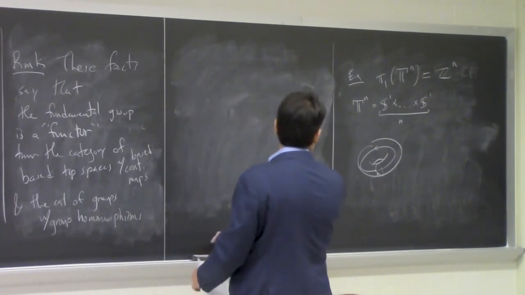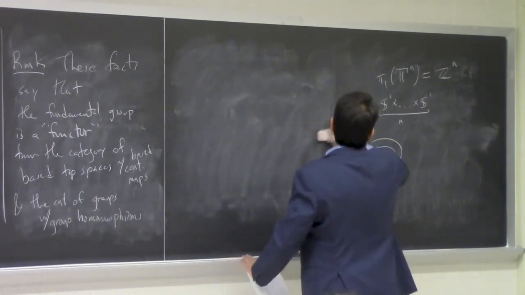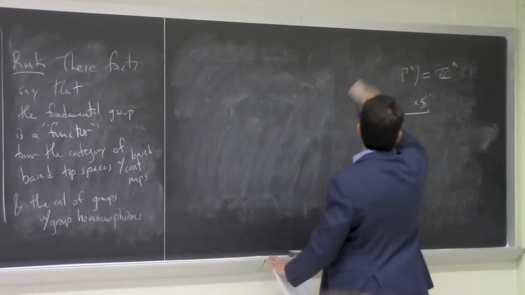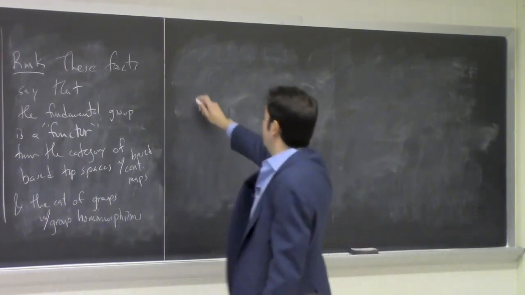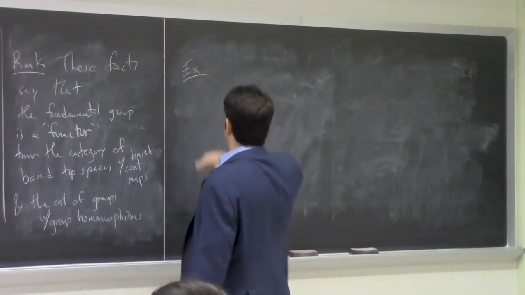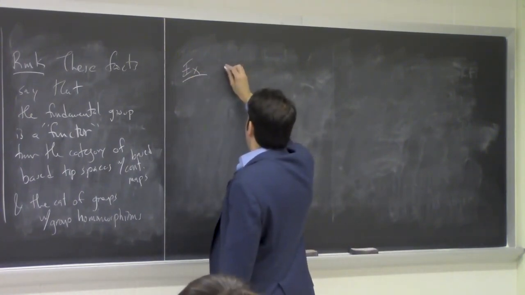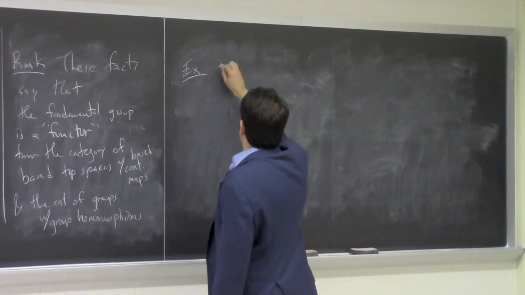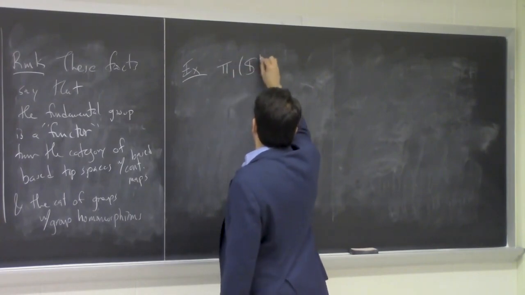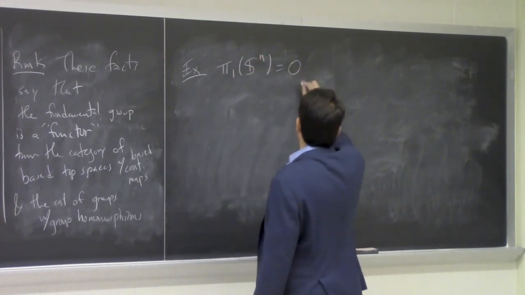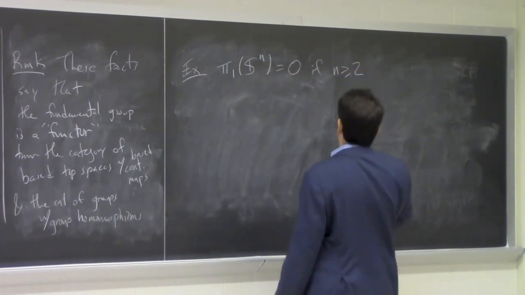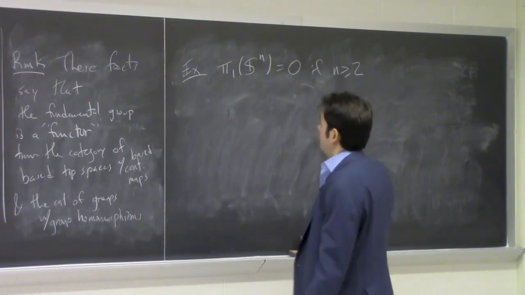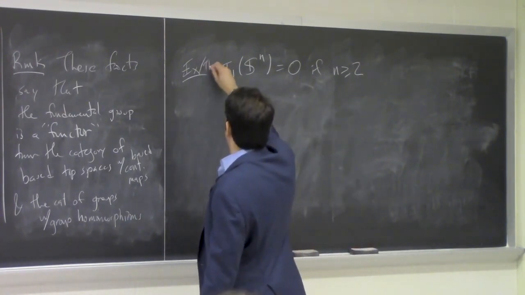Okay, great. So next example is the sphere. So pi1 of Sn is trivial if n is greater than or equal to 2. Well, example / theorem.